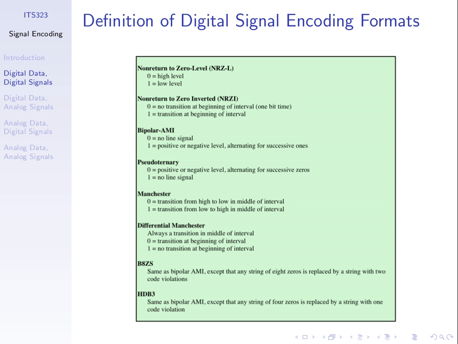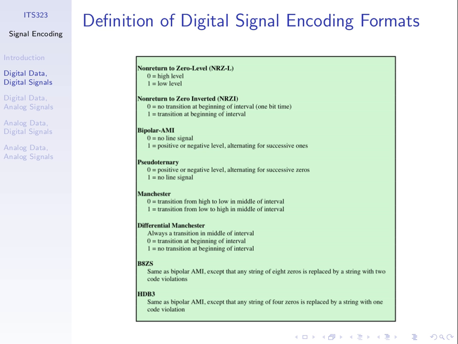When we have a bit 0 to send, we do not change the level. So we maintain that low level. When we have a bit 1 to send, like we do now, we invert. We have a transition. We change from low to high and transmit for the duration of the pulse. When we have a bit 0 to send now, so that's the first 2 bits, we do not change the level.